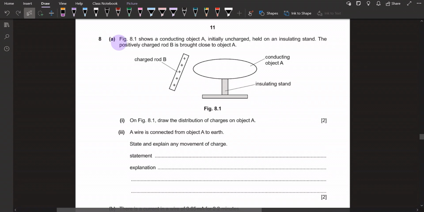Question number 8. Part A says figure 8.1 shows a conducting object A, initially uncharged, held on an insulating stand.